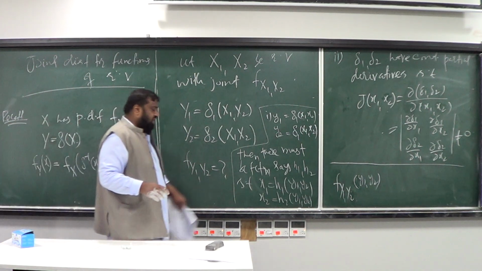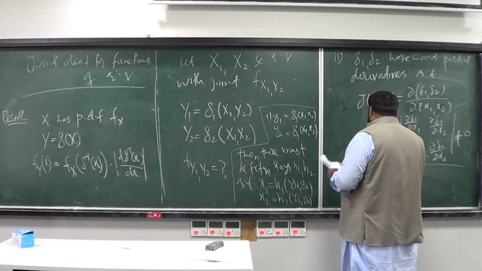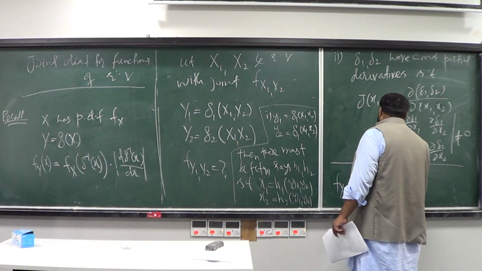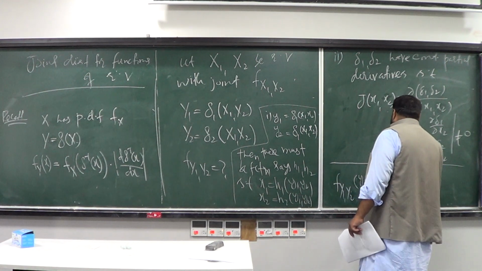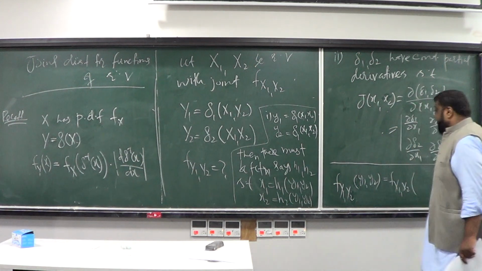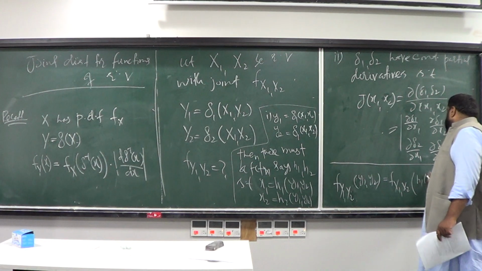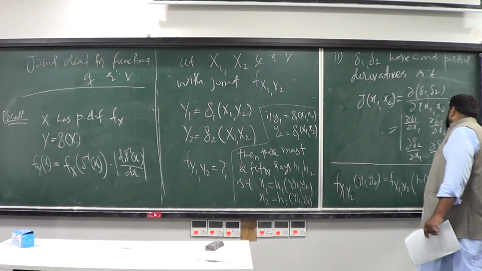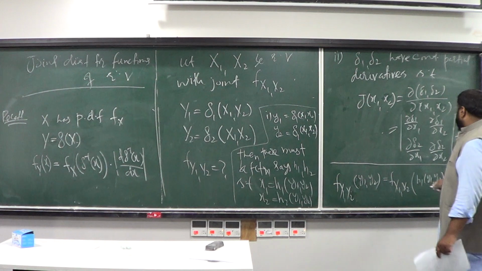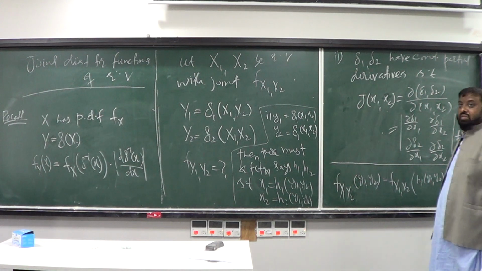So here you compute the PDF of x1 and x2 at h1 of y1, y2, which is the inverse of g1, and h2 of y1, y2.